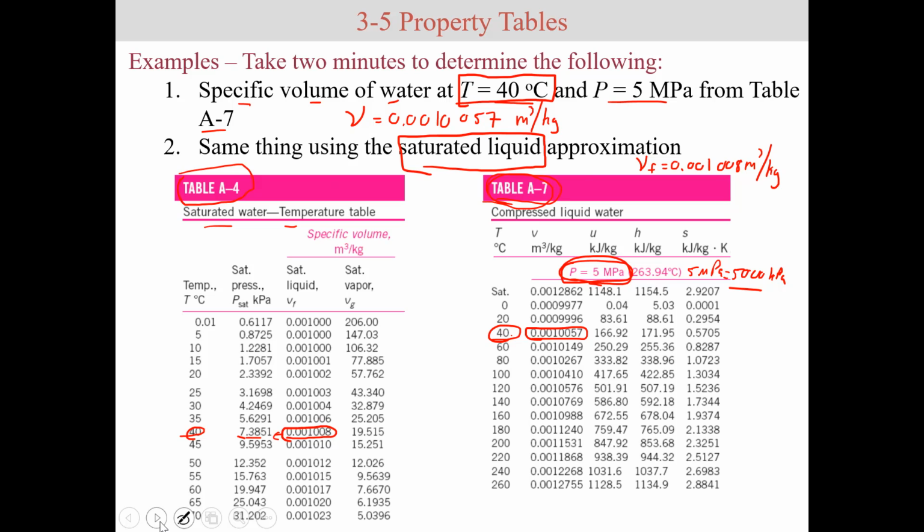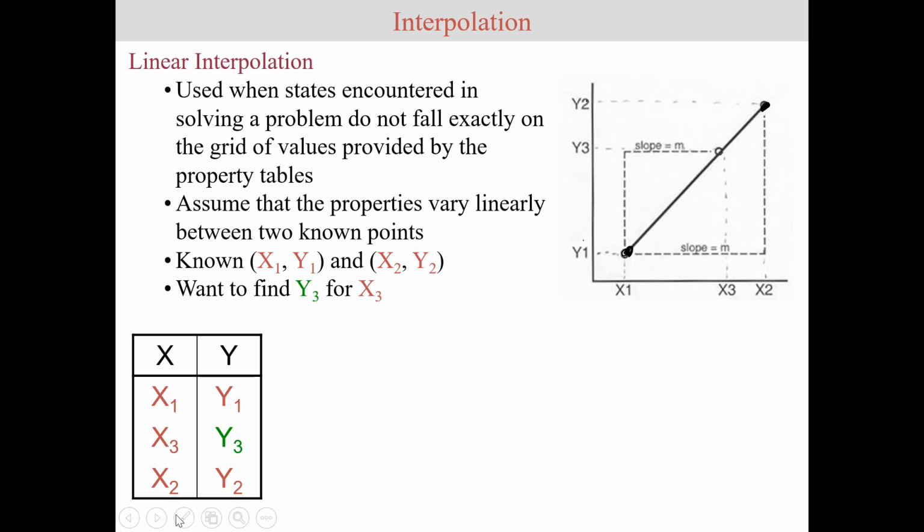I just want to cover one other thing. What happens if we're looking at a property and it's not at an exact tabulated value? Let's say I have a temperature at 100 degrees and a temperature at 120 degrees, but my temperature is 110.5 degrees. I have to do something called linear interpolation. I assume you've done this before in prior classes.